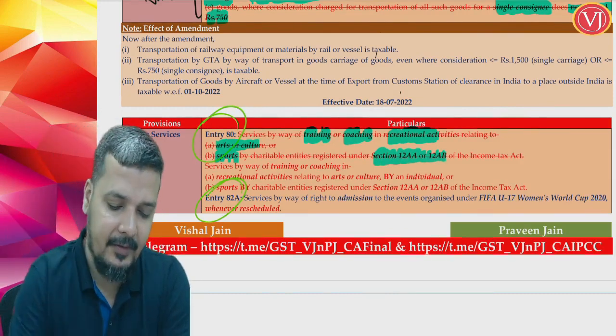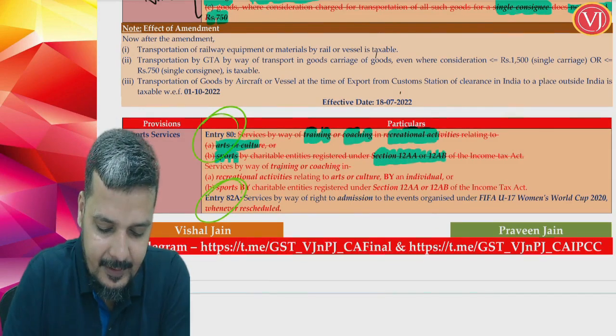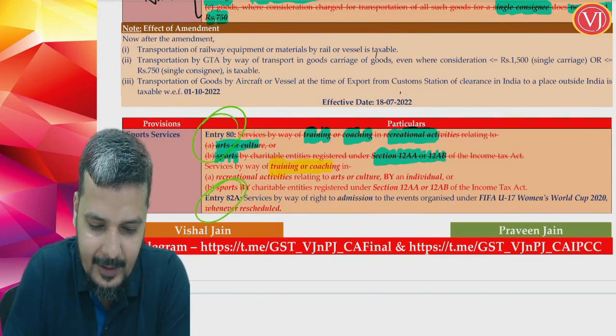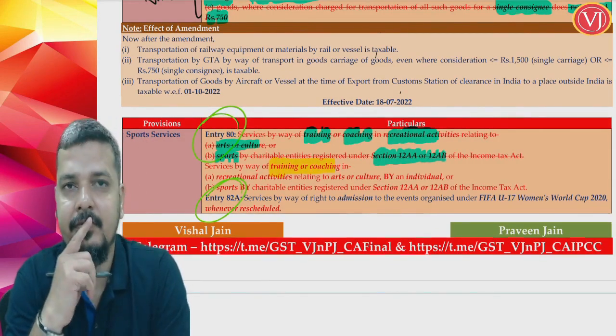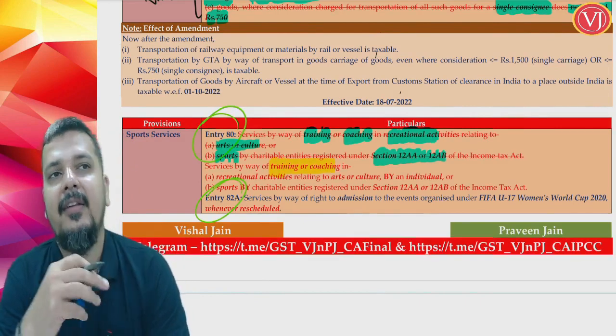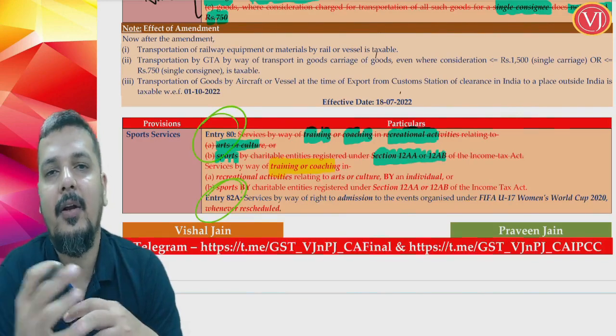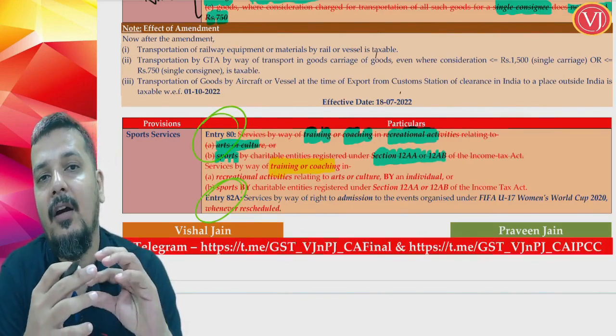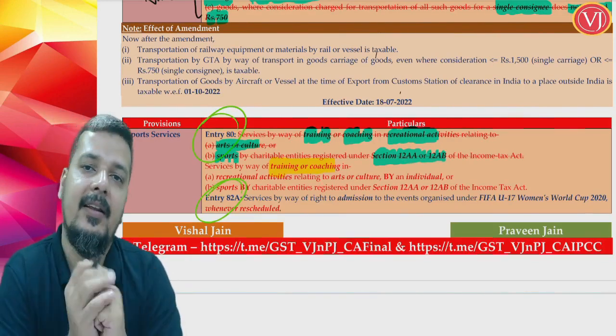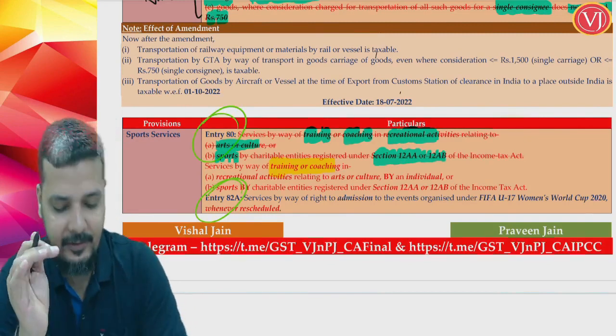Now what is the entry after the amendment? They have said that service by way of training or coaching remains the same. Now, sports nowadays is not merely a recreational activity. It is not only an extracurricular activity, it is the main activity. You can have a career in sports. So they understood that, and said that sports will not be put as a recreational activity.